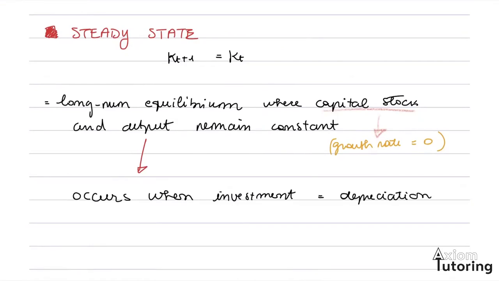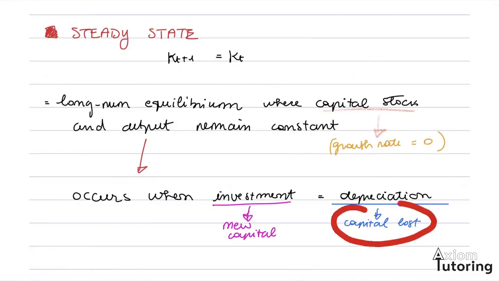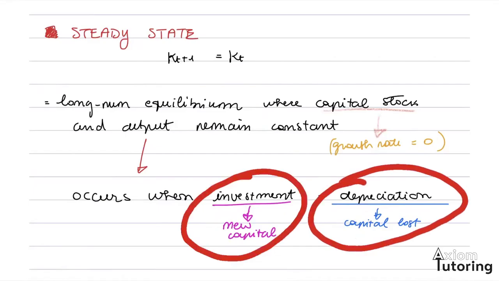In simple terms, when the new machines that we buy, so the new capital, equals the capital lost. Of course, if one machine breaks down and we replace it with a new machine, then we are going to have the same number of total machines functioning, if for every machine that doesn't work anymore, we buy a new one.